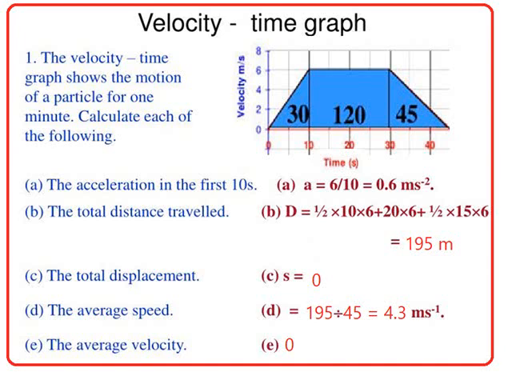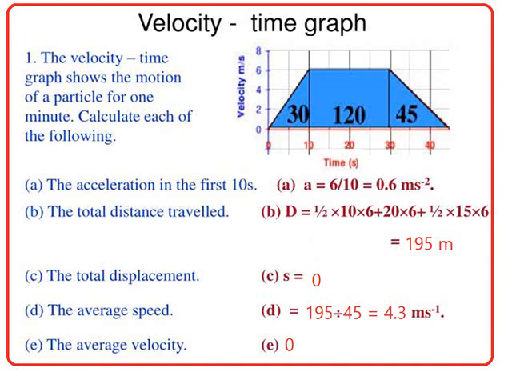So the distance traveled here is calculated by finding the area enclosed by the curve with two triangles and one rectangle, or in short using the formula for the trapezium, half h into a plus b.